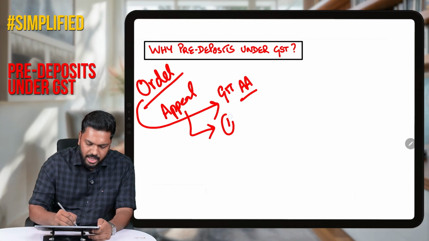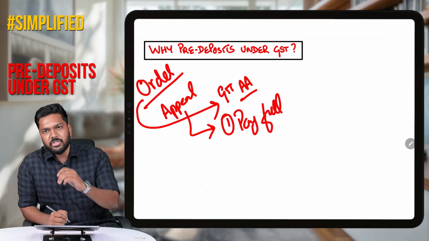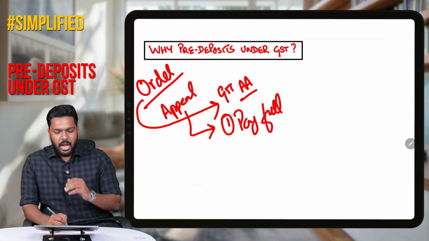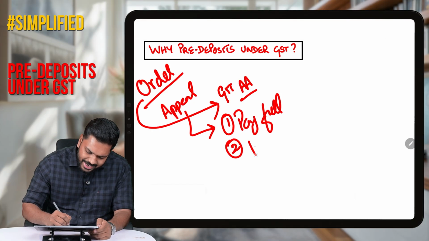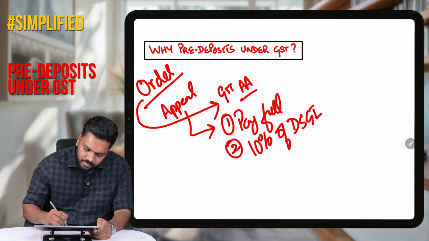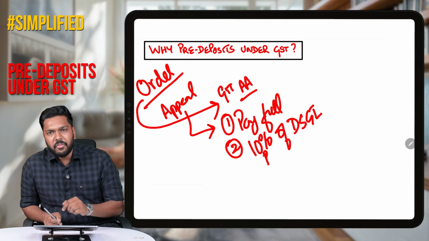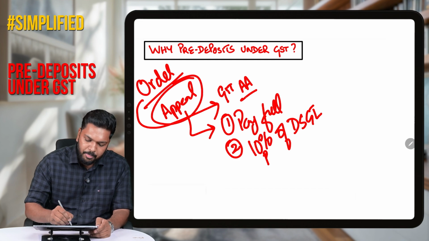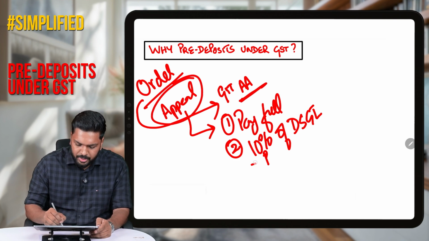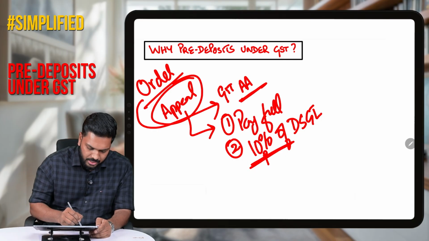Firstly, you need to pay the full amount of the undisputed GST liability, that is the amount of liability that you're not contesting or disputing. And number two, pay 10% of the disputed GST liability as pre-deposit under the first level. Only if you fulfill these two requirements will you be able to file an appeal before the first level, which is the Appellate authority. So 10% is a pre-deposit of the disputed GST liability in the first case.